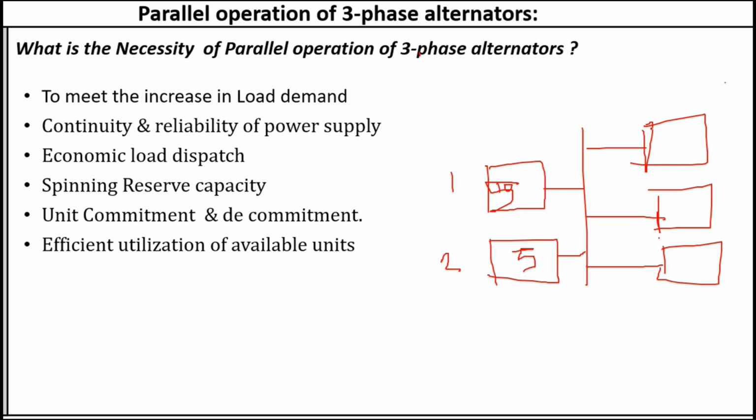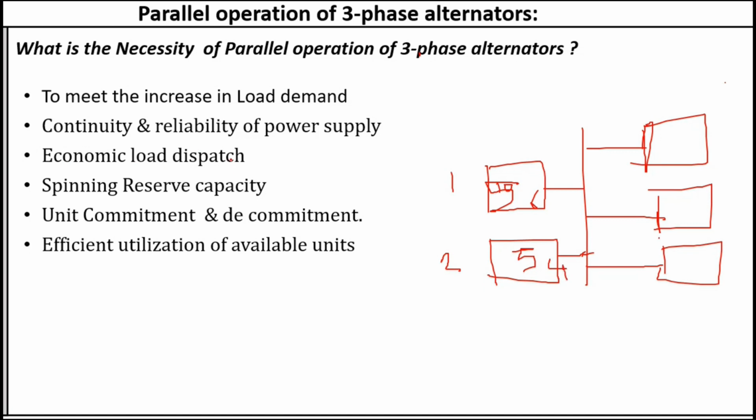Okay, only the urgent, emergency load I will keep on, and I will supply through this second alternator, and I will carry out the maintenance. So the reliability and continuity of supply will be maintained. This is one of the advantages of parallel operation. It may be 5 and 5, or it may be 6 and 4. So this is the second necessity.